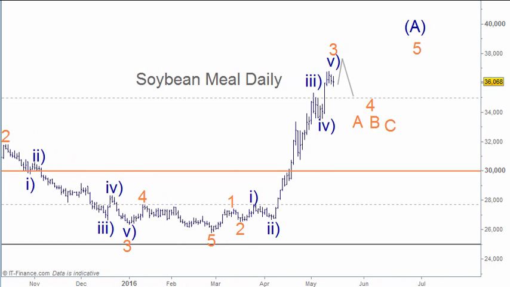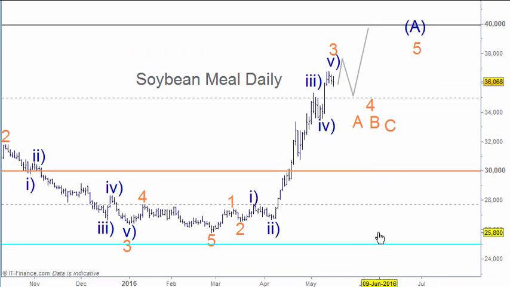Then wave 5 up here, we wouldn't expect too much out of wave 5 as well. Expect it to stretch to 40, which is another major trading level, a medium trading level here. The other point is that because of the extension in this wave 3 here, wave 1 and wave 5 will be roughly the same.